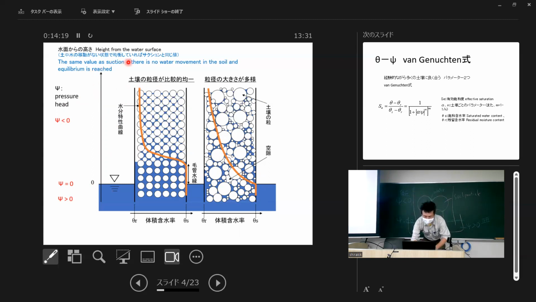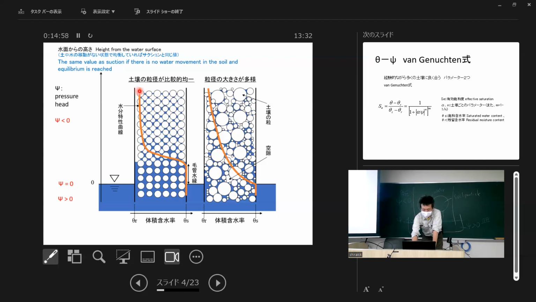Suction is just the negative pressure head. This height is the same as the suction, the uptaking power.